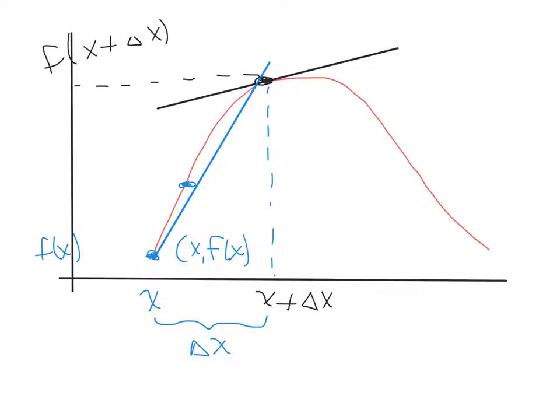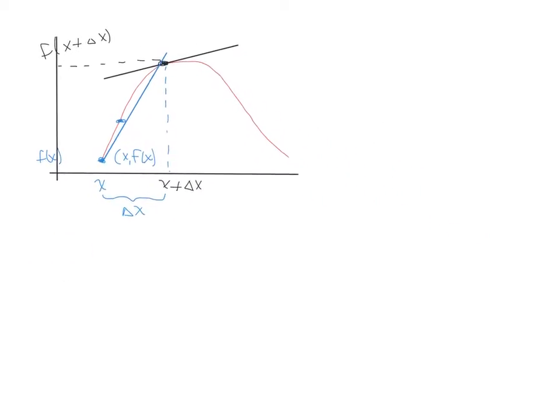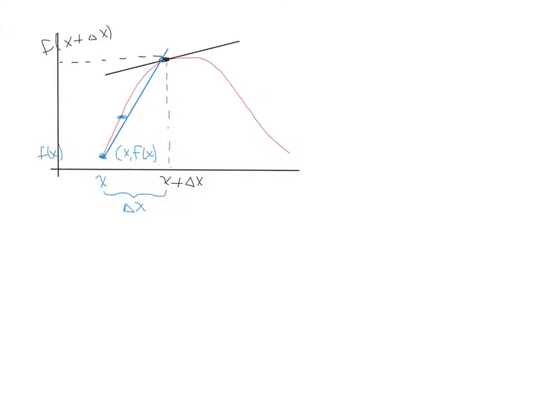And so what we're going to do is, if I can find the slope of that line, then I can end up finding the slope of the tangent line. I'm going to shrink this down a little bit. So if I want to find the slope of that blue line, I would take my change in y, these are my 2 different y values.